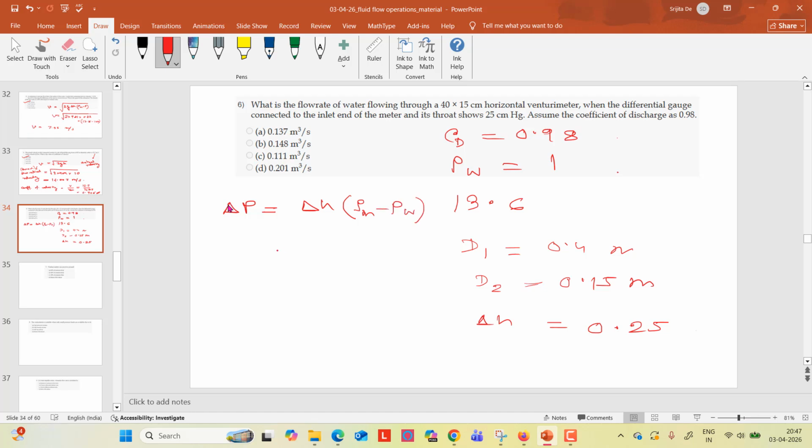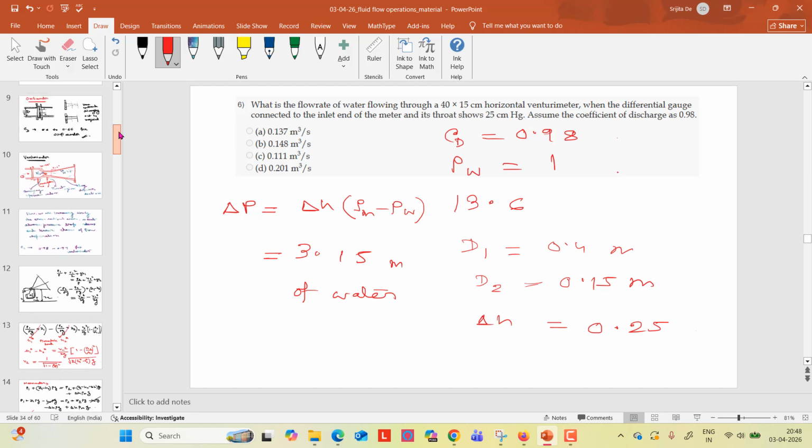So it is coming as 3.15 meter of water, right? And what was the equation here?